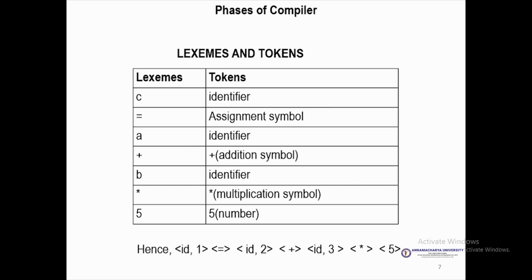So the generalized form of this particular statement is: identifier 1 equal to identifier 2 plus identifier 3 star constant number 5.